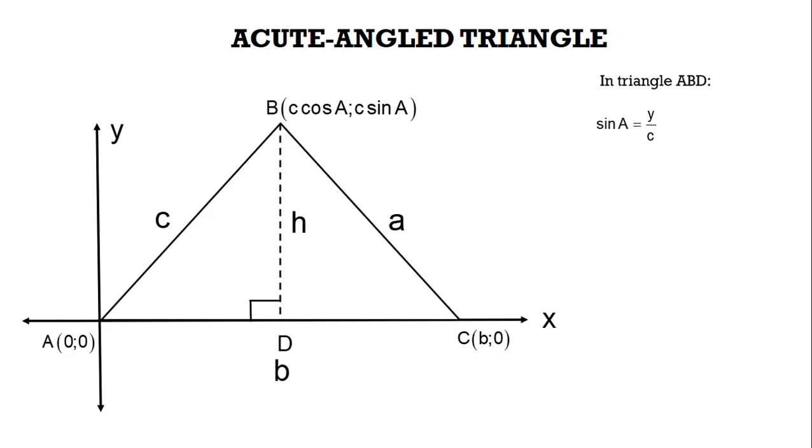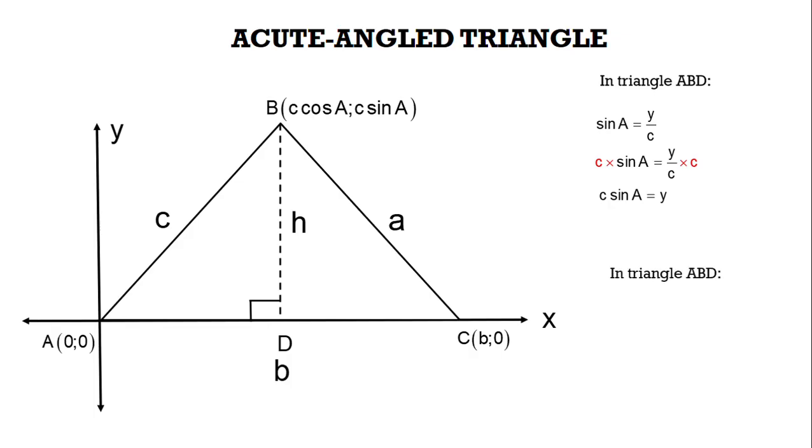So we'll say sine of angle A will be y over r. Now our r in this case will be c, which is our hypotenuse, the side which is opposite to the right angle. And then we multiply by c on both sides, and what we get is y equal to c sine A, and that is how we get our y coordinate for B.